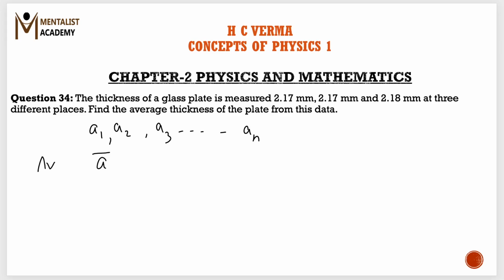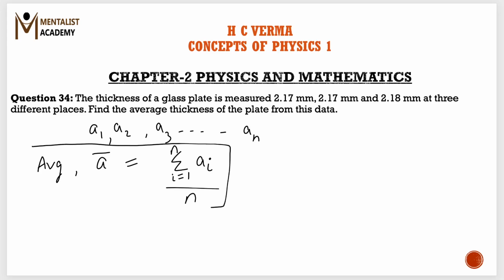A bar would be equal to the summation of all these values, that is A1 plus A2 plus A3 up to An, which I am representing as summation Ai, where i is equal to 1 up to n, divided by the number of values. In our case we have n values, so we divide by n. This is how you find the average of n values.